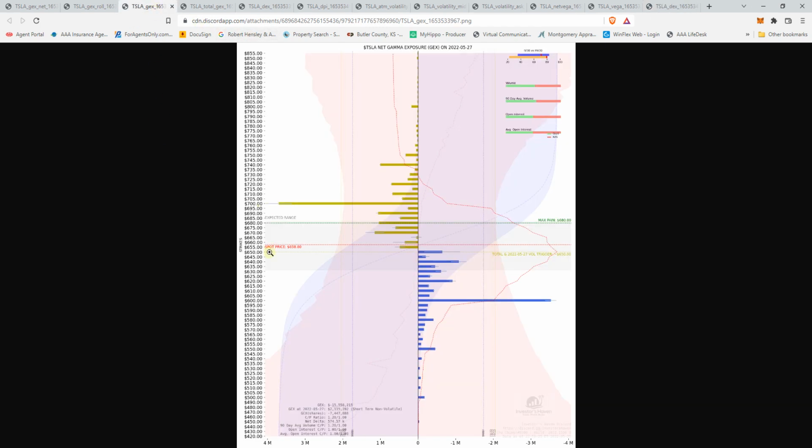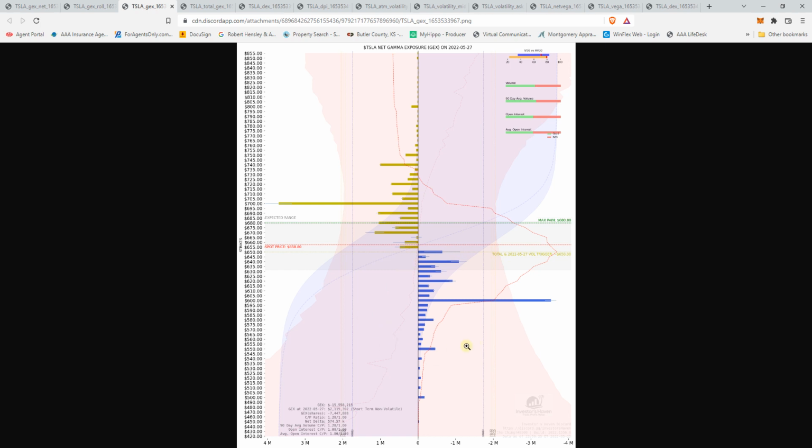But my normal method of looking at this is basically, as long as we're above the 650, the market maker is going to be buying dips and selling rips, which reduces the volatility. If IV is coming down, or if VIX is coming down, what's happening to all the puts?